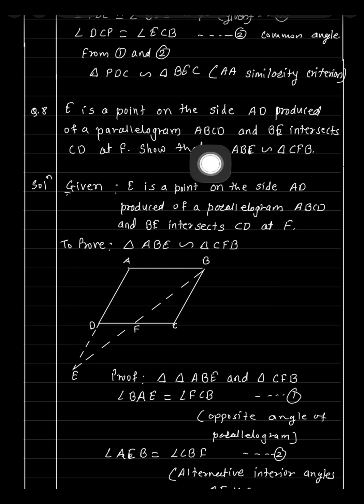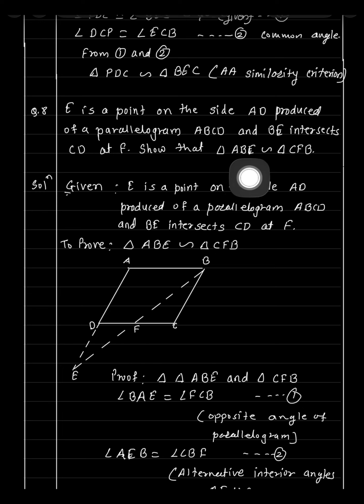First, ABCD is the parallelogram. E is a point on the side AD produced, and BE intersects CD at point F.